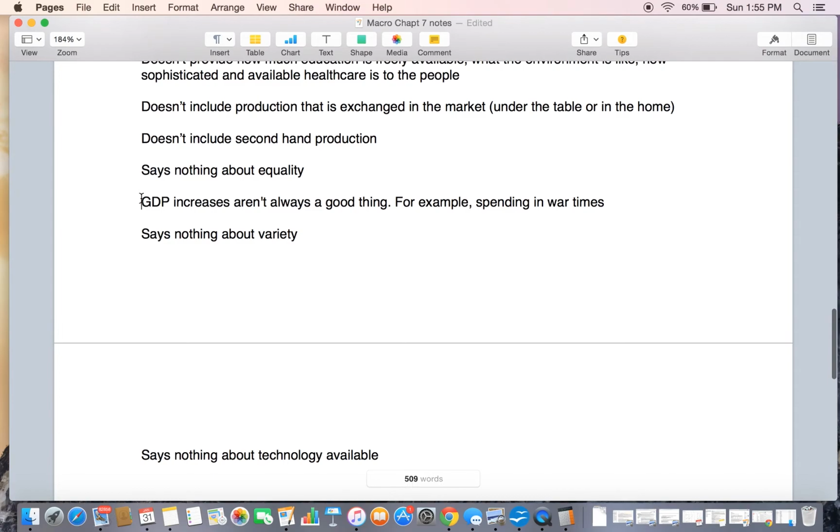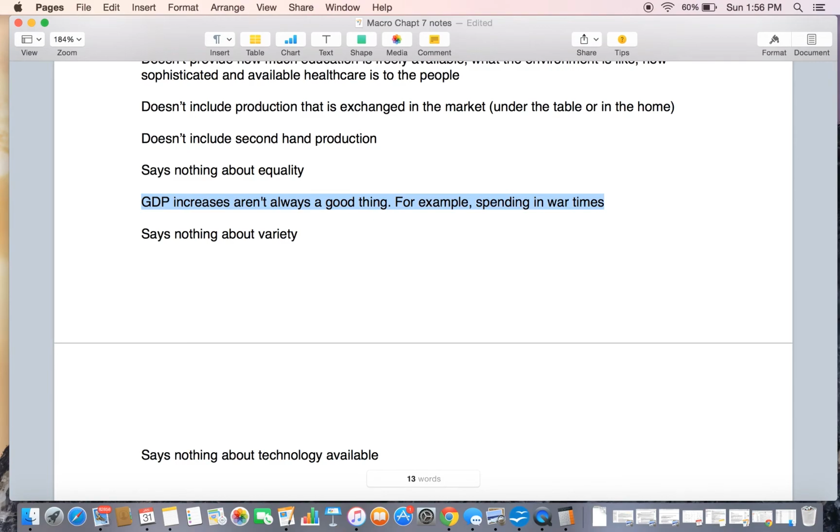Something else that I really want to bring up, even though there are a couple of points, is that GDP doesn't include secondhand production, anything that is previously produced but then purchased again. A really important point is that GDP increases aren't always a good thing. So in war times, or if there's some sort of natural disaster, we do oftentimes see substantial increases in GDP that represent consumption that needs to happen or investment that needs to happen on things that are destroyed or being destroyed, or for things that might not necessarily benefit the economy in the long run.